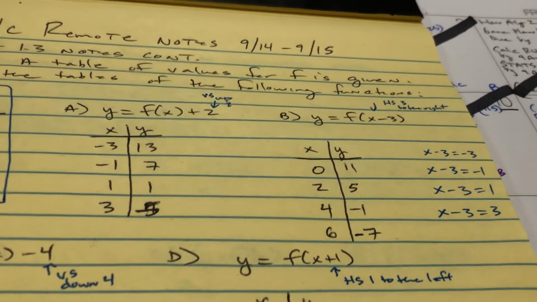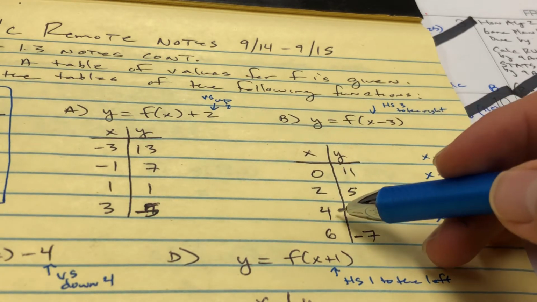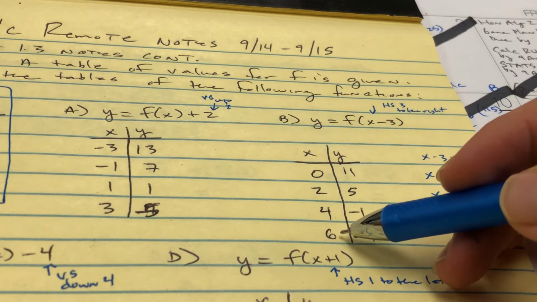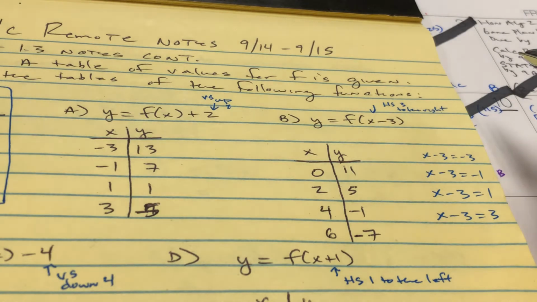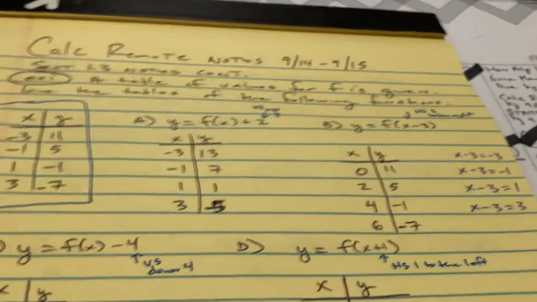See what you need for X to get you back there. So 0, 2, 4, and 6. We're really adding 3. It's a horizontal shift, 3 to the right. The graph is moving 3 to the right. The Y values stay the same. The X values, we add 3 to all of them because it's shifting to the right.